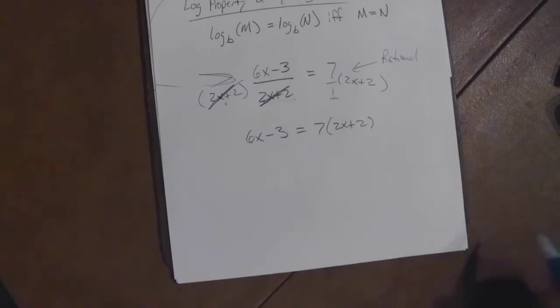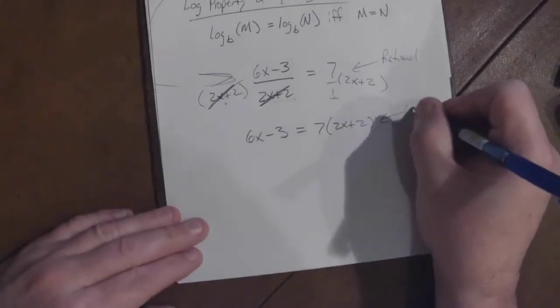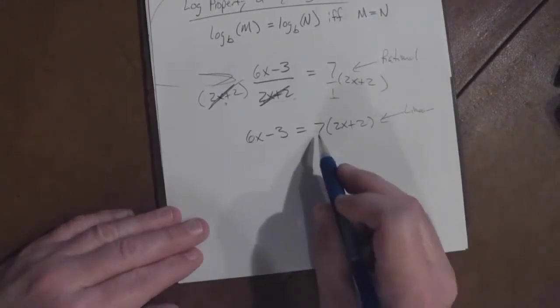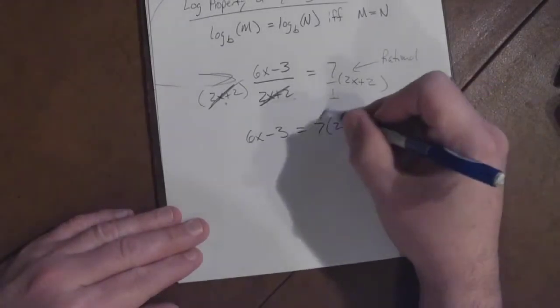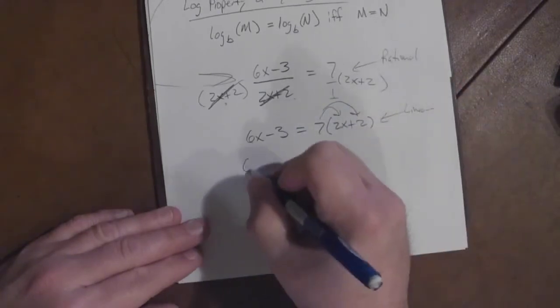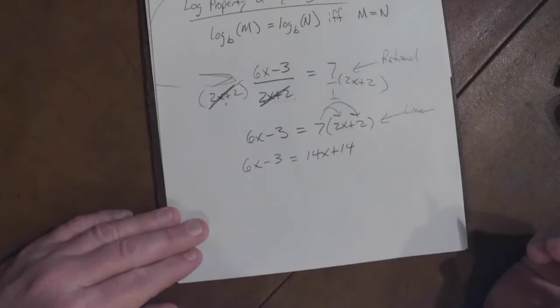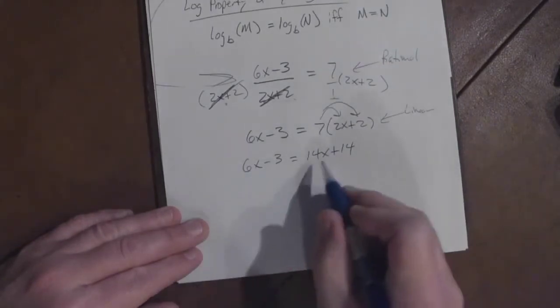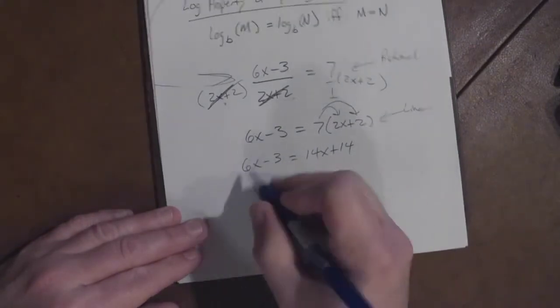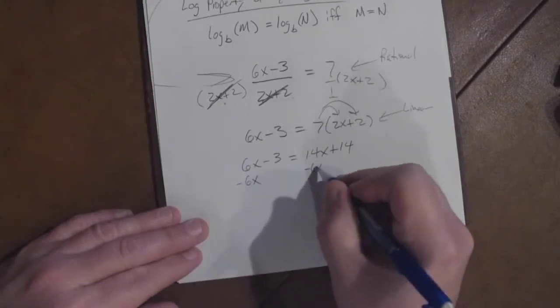Now, you may or may not see it, but this is a linear equation at this point. To continue solving the linear, we will distribute the 7 on the right. This will become 6x minus 3 equals 14x plus 14. We'll go ahead and consolidate all the values of x maybe on the right. We'll subtract 6x from both sides.